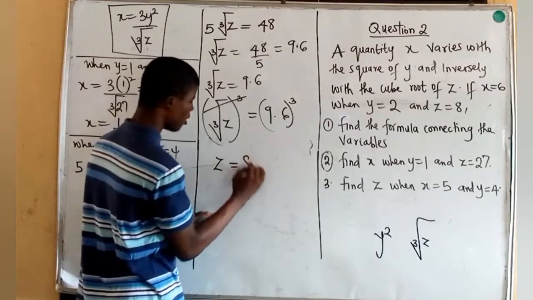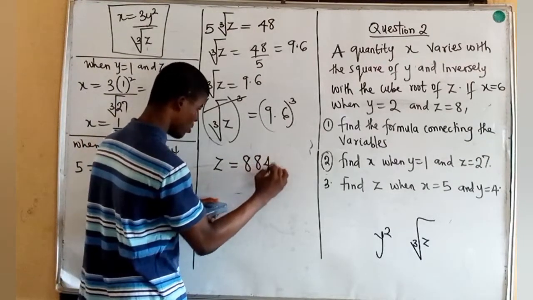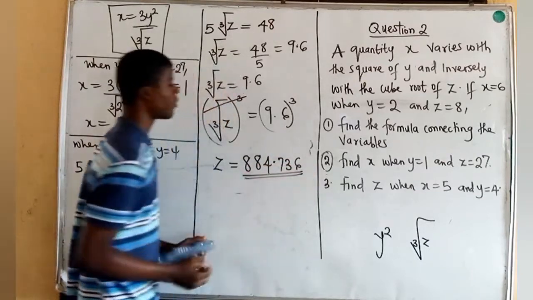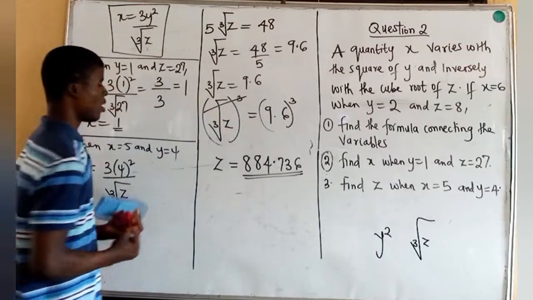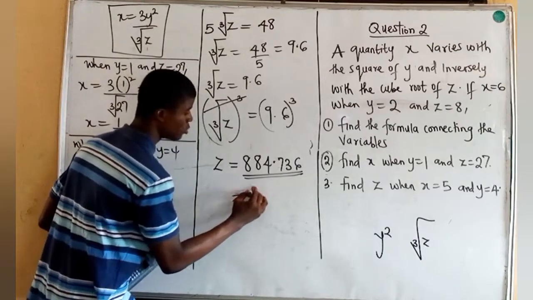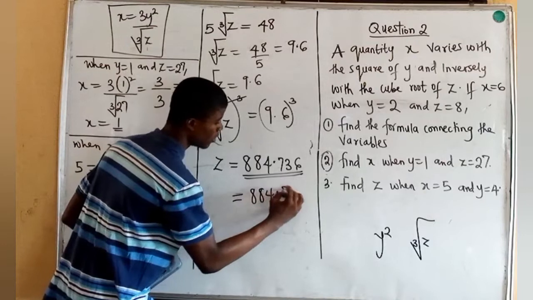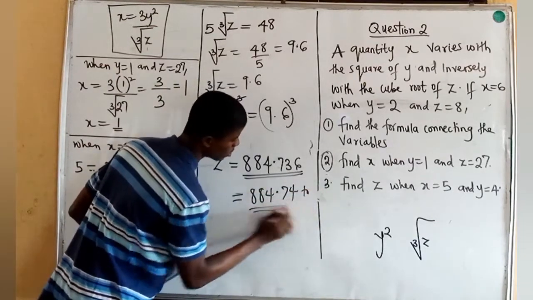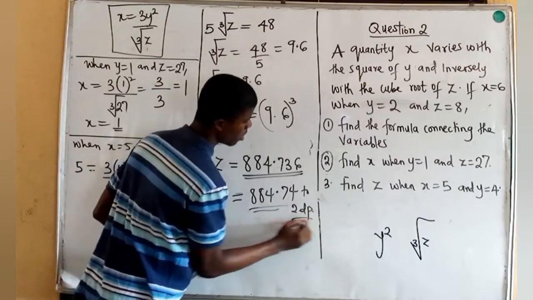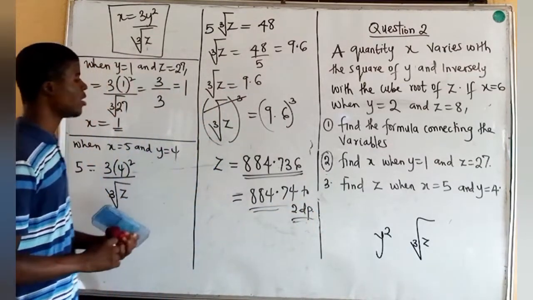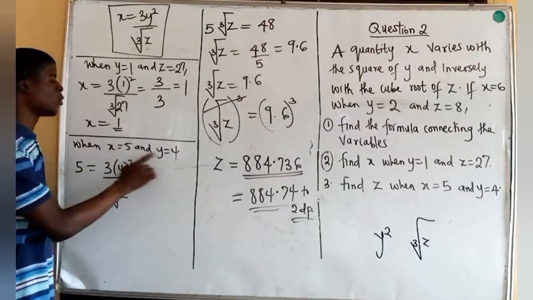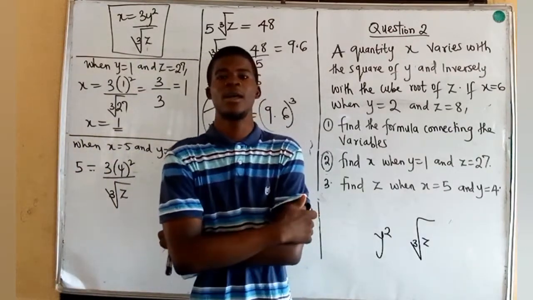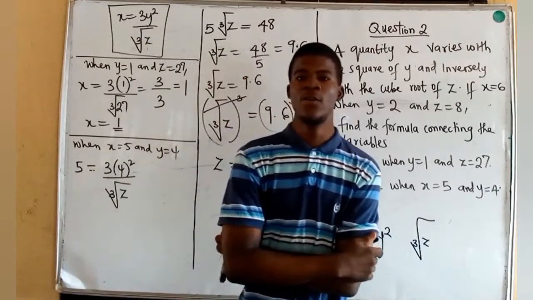That is what? 884.736. So this is the value of z, and this can be simplified, presented as 884.74 to 2 decimal places. So this is the value of z when x is 5 and when y is what? 4.